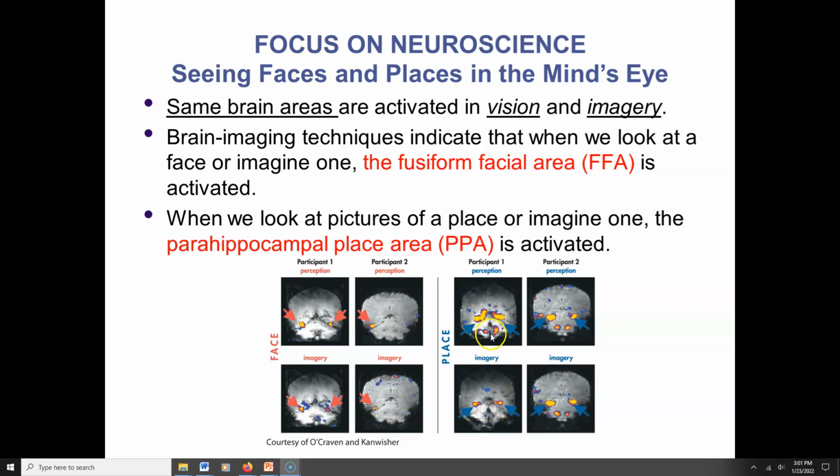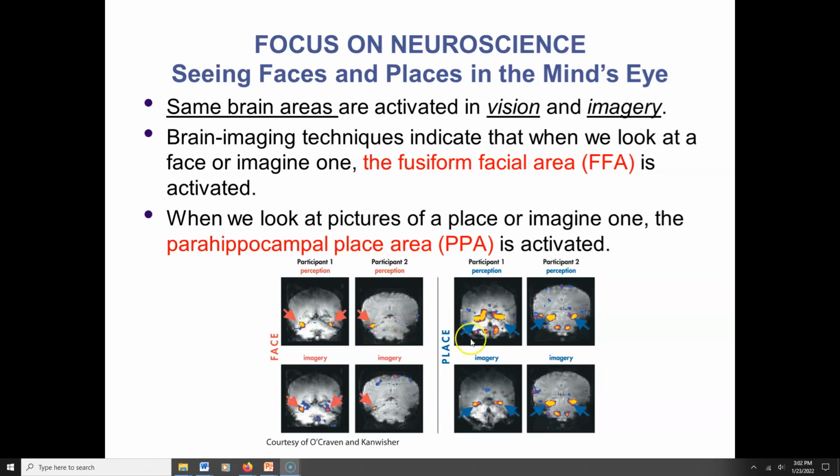And it's the same thing with actually sensing and perceiving a location or place. That is in the upper right-hand part of this set of images. You can see these parts of the brain lighting up, and those are different from the fusiform facial area, which is for perceiving faces.